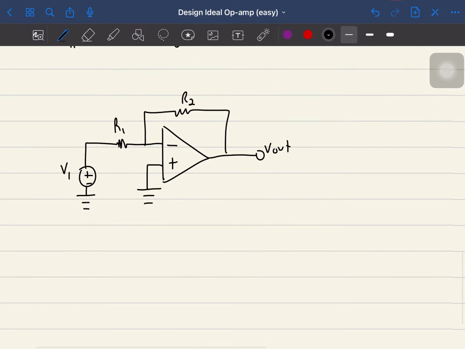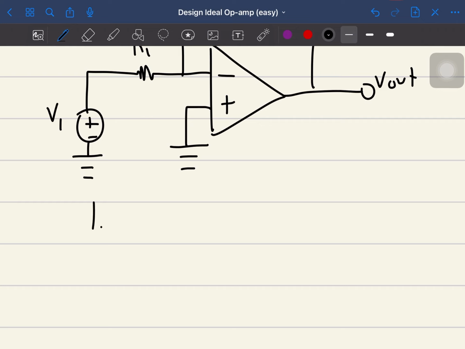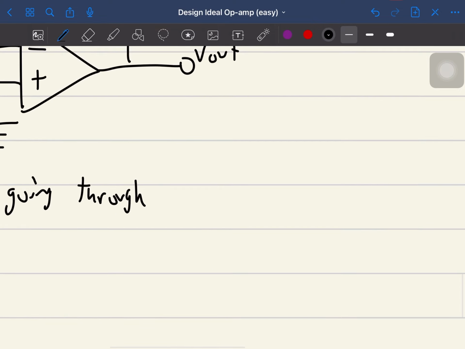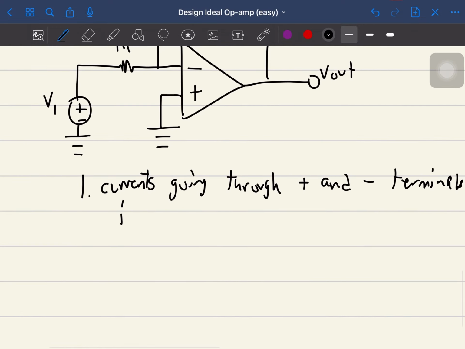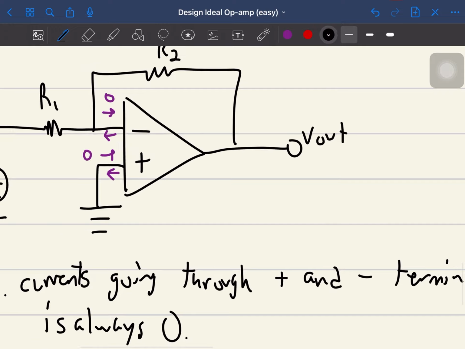So from here, the ideal op amp rules. Number one, the currents going through the plus and minus terminals are always zero. This means the current going in here is zero, and the current going in here is zero. This means the current out is also zero.